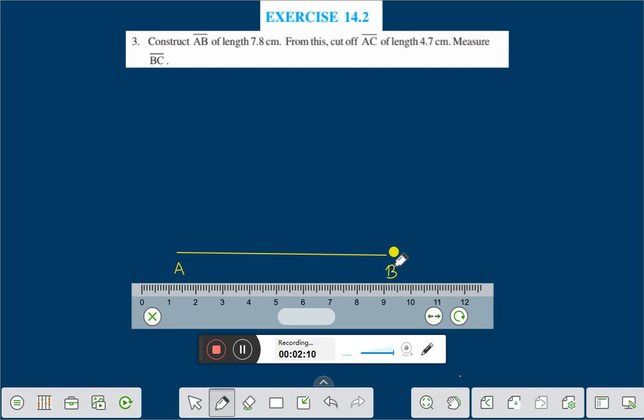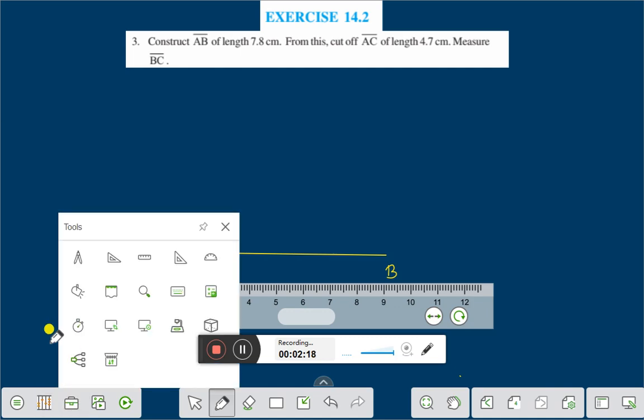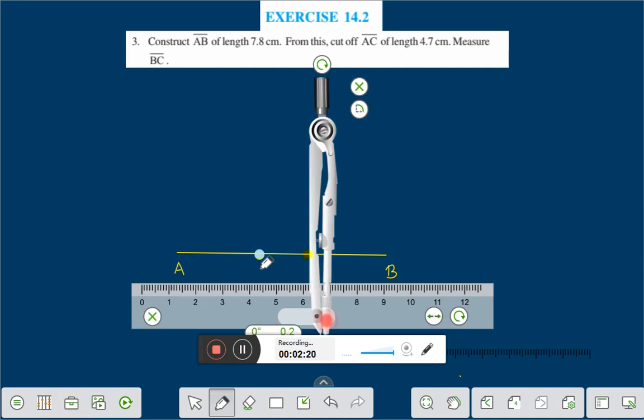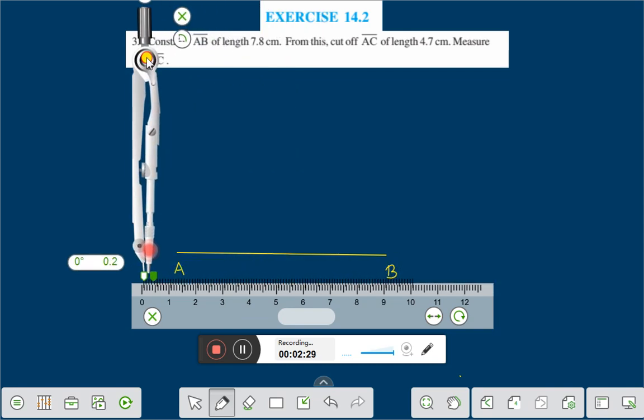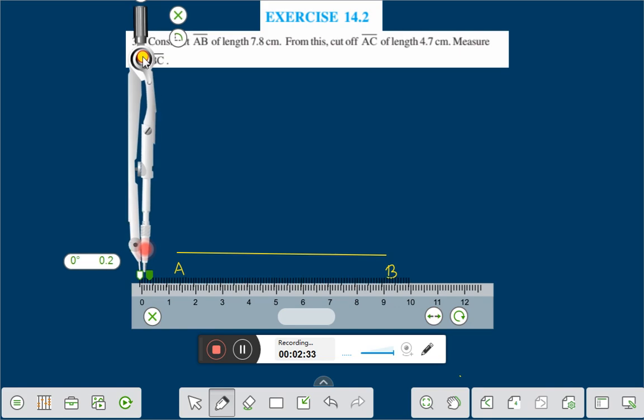Now take the compass. We have taken the compass here. It is of length 4.7 centimeter. Let us measure 4.7 centimeter from 0.